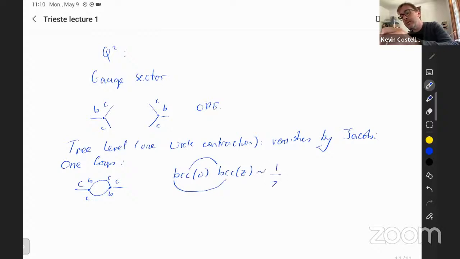Because there are two contractions, I get 1 over z squared, times C^A(0) C^B(z), and then let's include the flavor indices carefully. There's going to be twice the trace in the adjoint representation, T^A T^B. The factor of 2 is because B and C run around the loop.